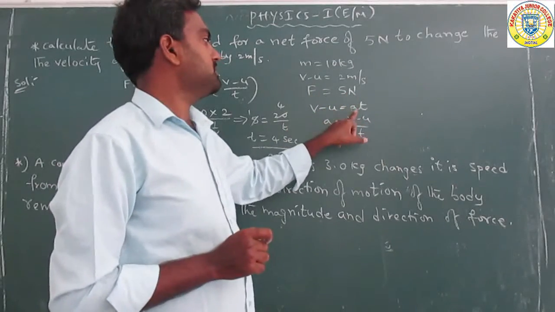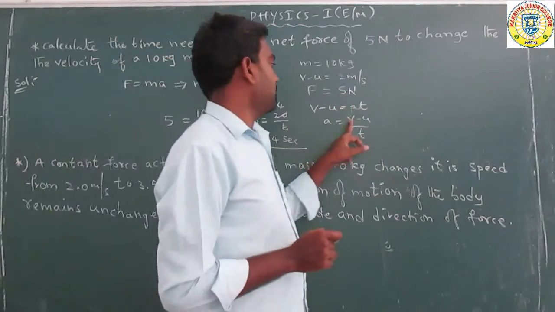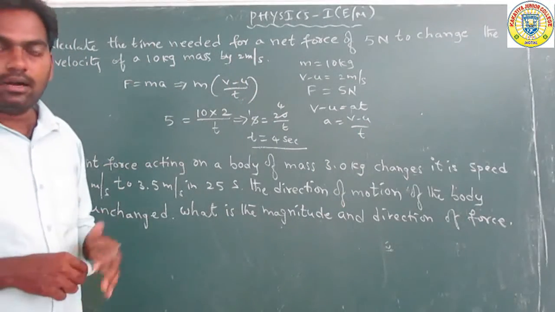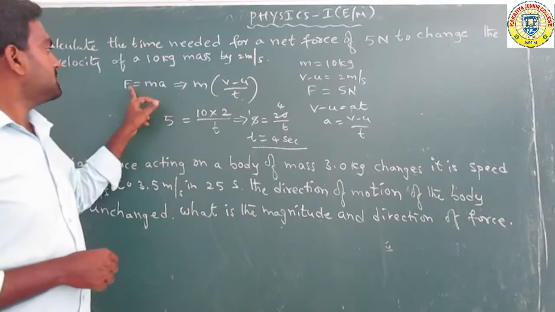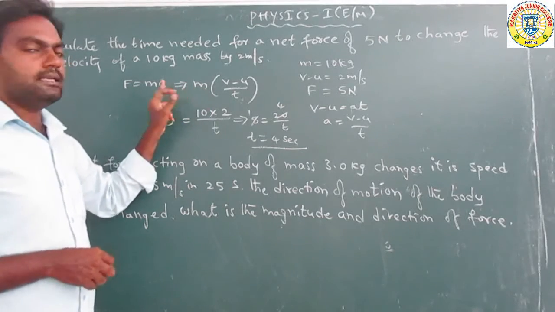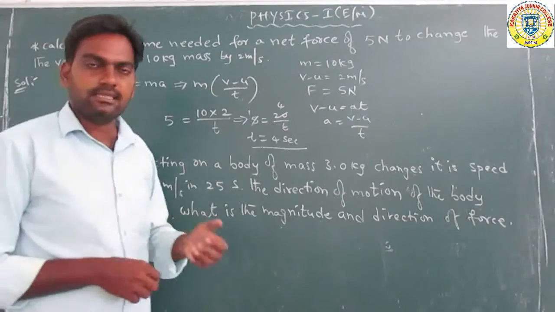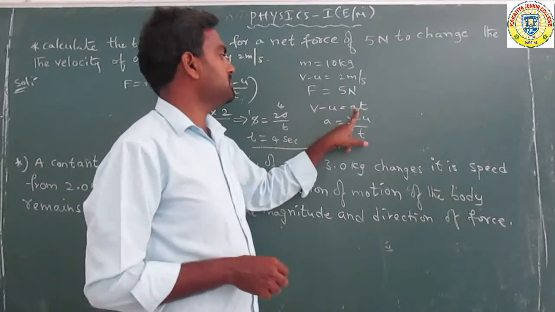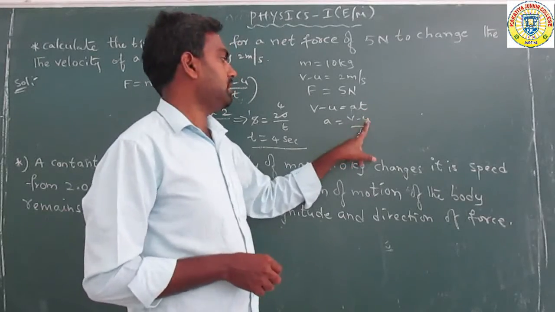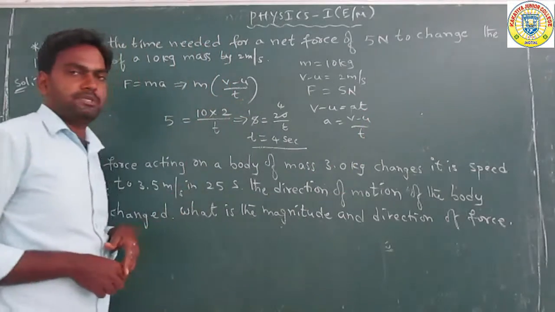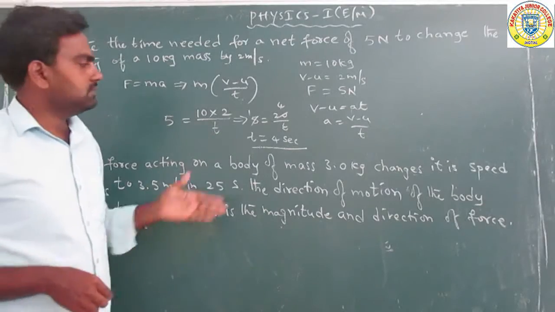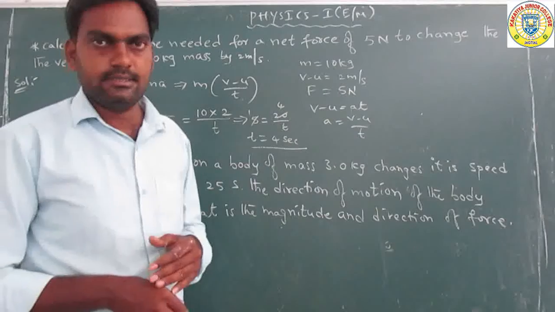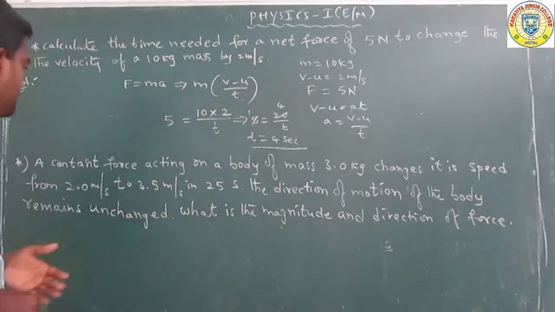Since v - u = at, a = (v - u)/t, and by Newton's second law F = ma, where a is acceleration. Substituting, we get the time needed, t = 4 seconds. Right. So now let us discuss another problem.